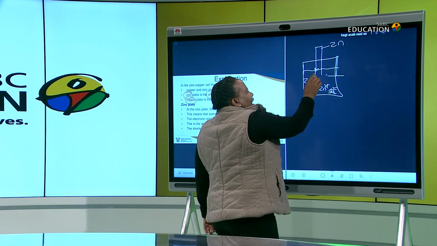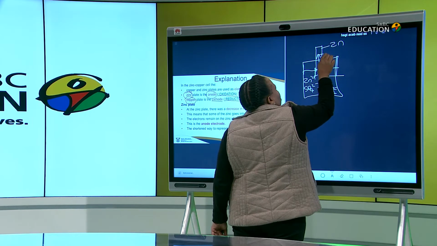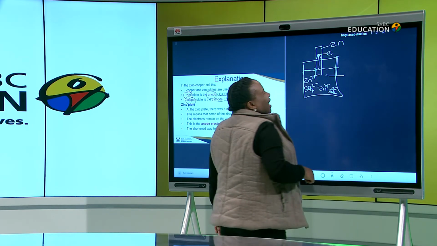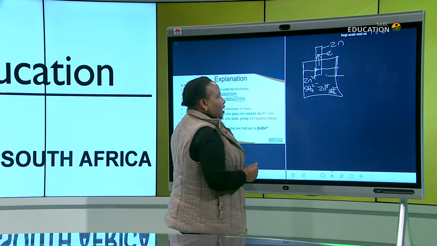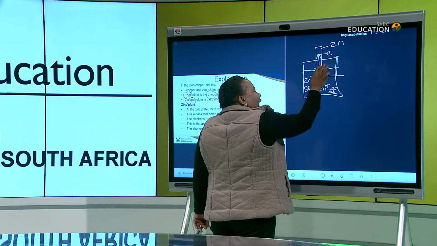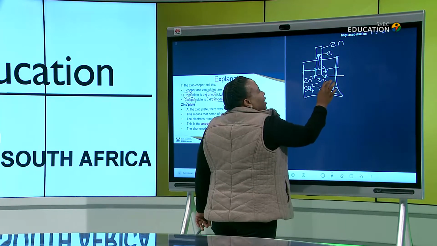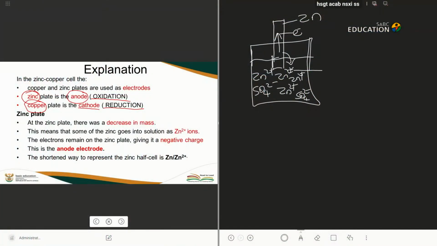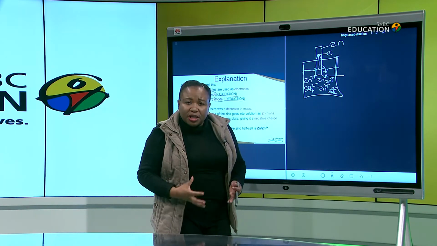Now, when the cell starts to function, immediately when zinc starts to lose electrons on the side of the zinc electrode, what is going to happen is, when zinc loses electrons, some of the zinc ions will erode and come into the electrolyte of zinc. Meaning that the loss of electrons makes the zinc more positive, because we know that if an atom loses electrons, it becomes a positive ion.